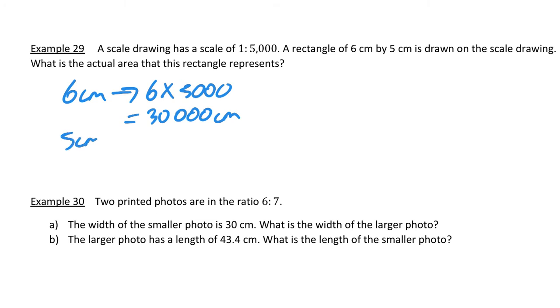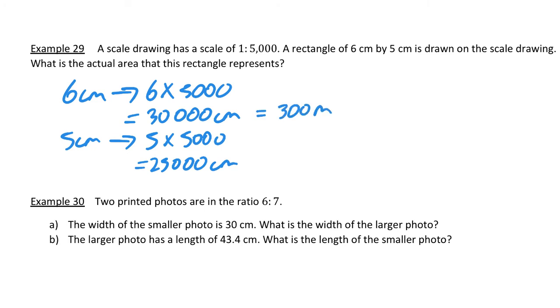The 5 centimeters goes to 5 times 5,000, so it goes to 25,000 centimeters. And we're going to convert both of those. First of all, that's going to be 300 meters, and that's going to be 250 meters.